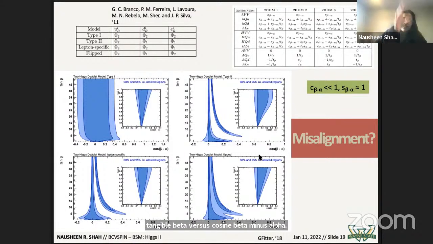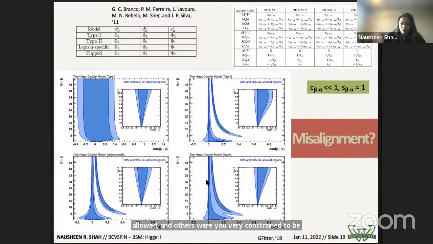The blue regions denoted in these different curves are the allowed regions for the different types of 2 Higgs doublet models. So you can see that depending on which type of doublet you're living in, you can have large regions of space which are allowed, and others where you're very constrained to be very close to alignment.